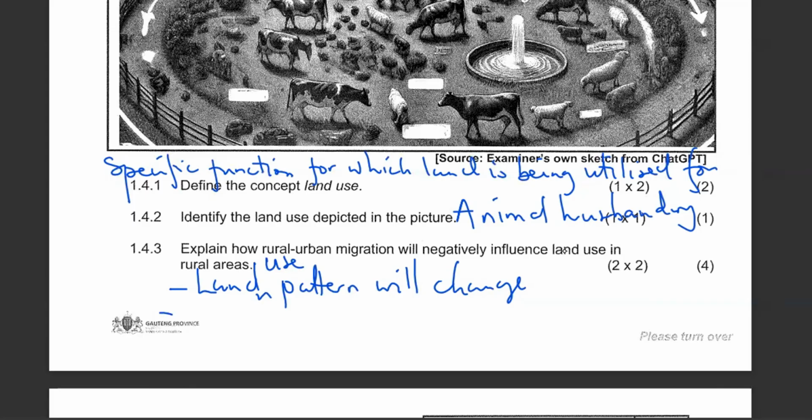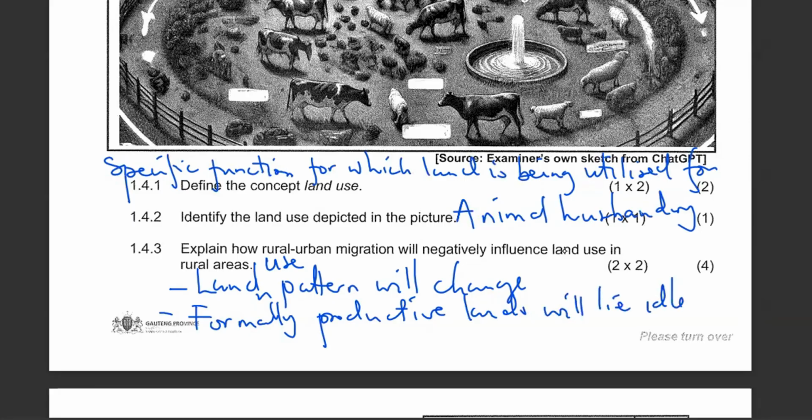Or sometimes we can say formerly productive lands will lie idle. Because now there are no longer people to do farming, those lands will lie idle. And that is going to affect the land use in the rural areas.